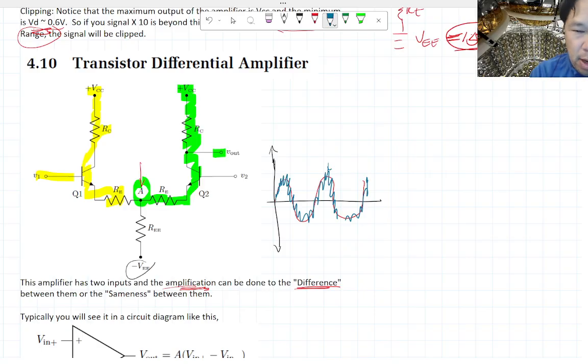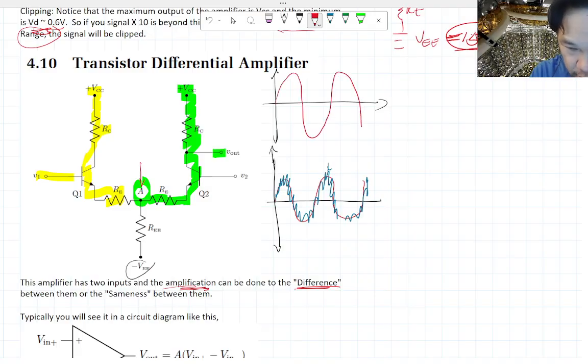What the common mode allows you to do is that if you have two different lines that are sending equal and opposite signals to each other, so let's say one goes up, the other one goes down.